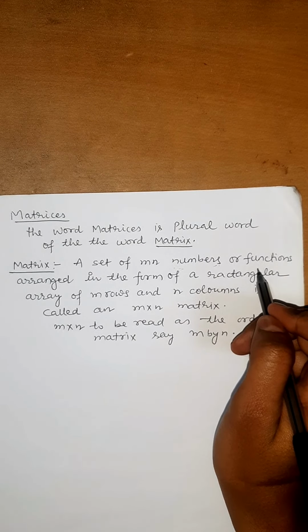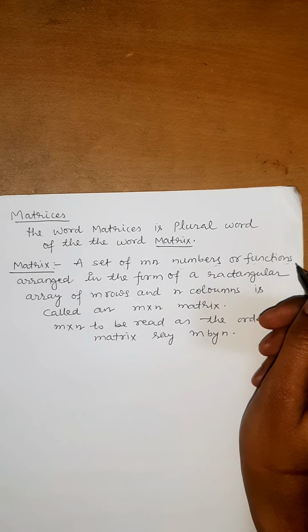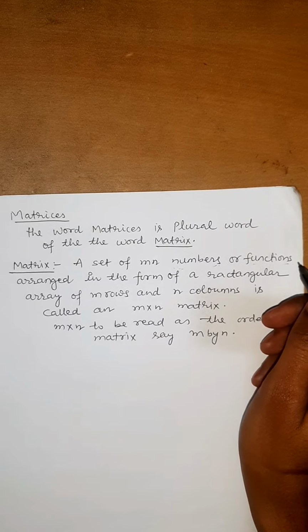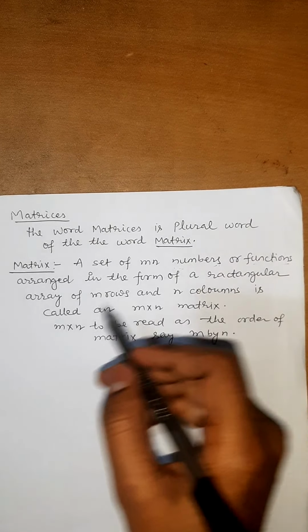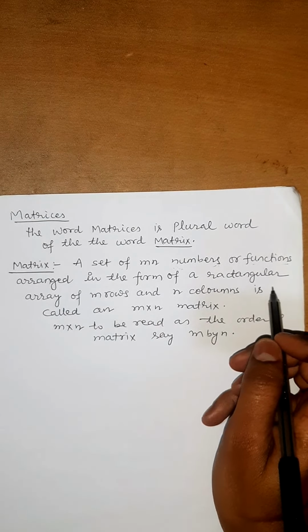So a set of mn numbers or functions. Numbers means both real as well as complex, and functions. There are various kinds of functions in mathematics: logarithmic functions, exponential functions, inverse functions, and hyperbolic functions, arranged in the form of a rectangular array.